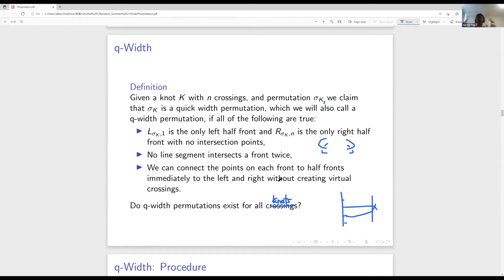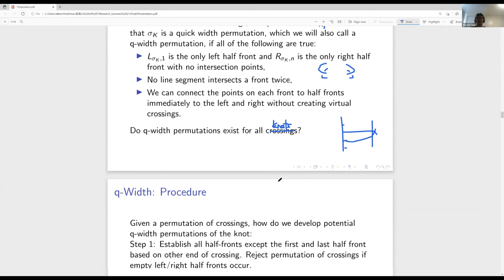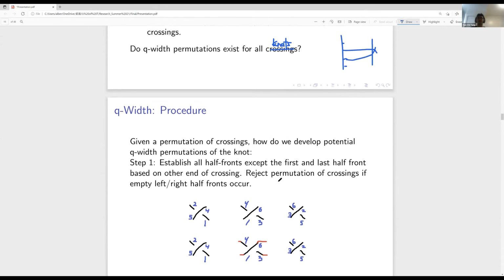If we can establish it with any permutation of crossings that we start off with, well, we have created quick width permutations. If none of the permutations of crossings would help us produce quick width permutations, then that knot doesn't have quick width permutations. So this is how we're going to do it.